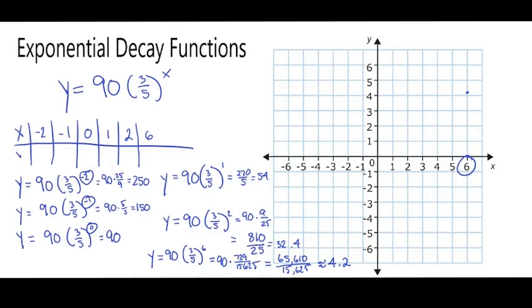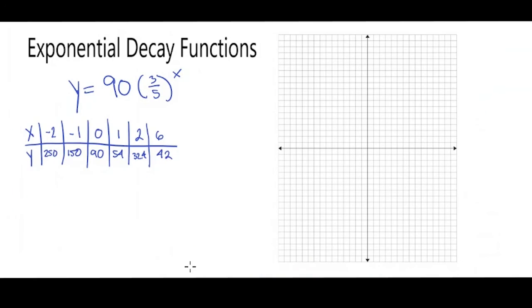Well, I have my x values, so I'll throw my y values in there. So what we're going to do here is graph, and everything on the x-axis will be 1 for 1. For instance, this will be -1, this will be -2. We'll still have 0, 1, 2, 3, 4, 5, and 6.